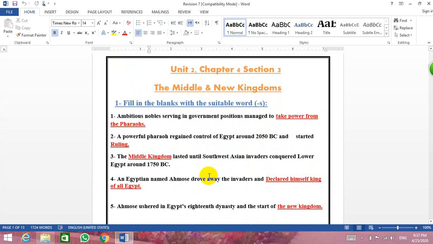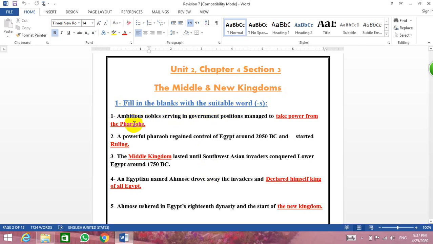Here we have our first lesson, that is unit 2, chapter 4, section 3, the Middle and New Kingdoms. As you know, each chapter has different types of questions. So question 1, we have filling the blanks with the suitable word.